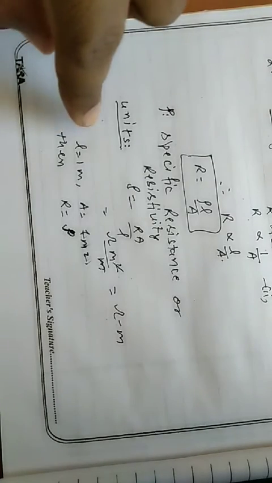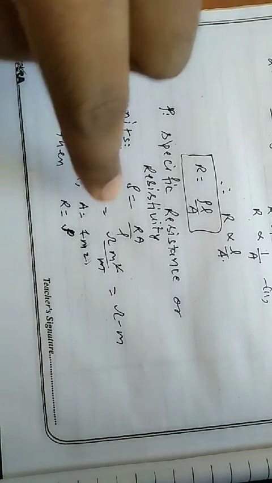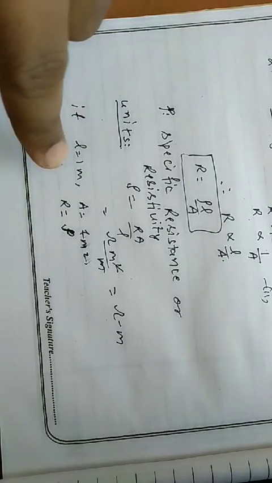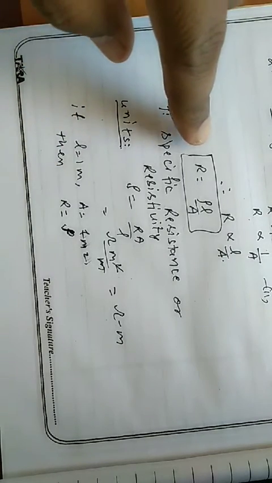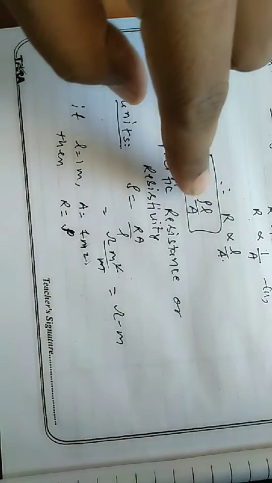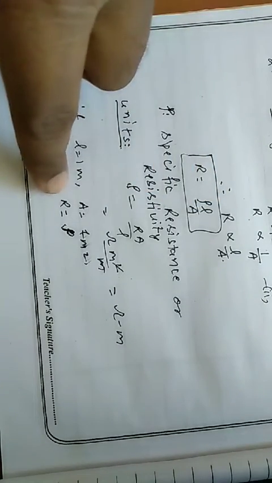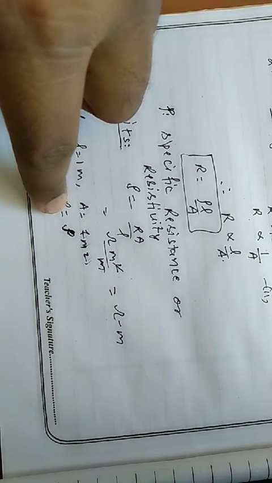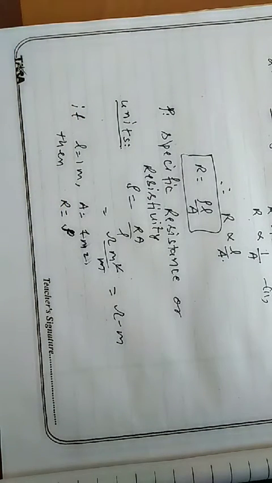If the length is 1 meter and the area is 1 meter square, then according to the relation R is equal to rho L by A, putting length 1 and area 1 meter square, we get R is equal to resistivity. So from here we can define resistivity. It is defined as the resistance of a unit cube of the material of the given conductor.